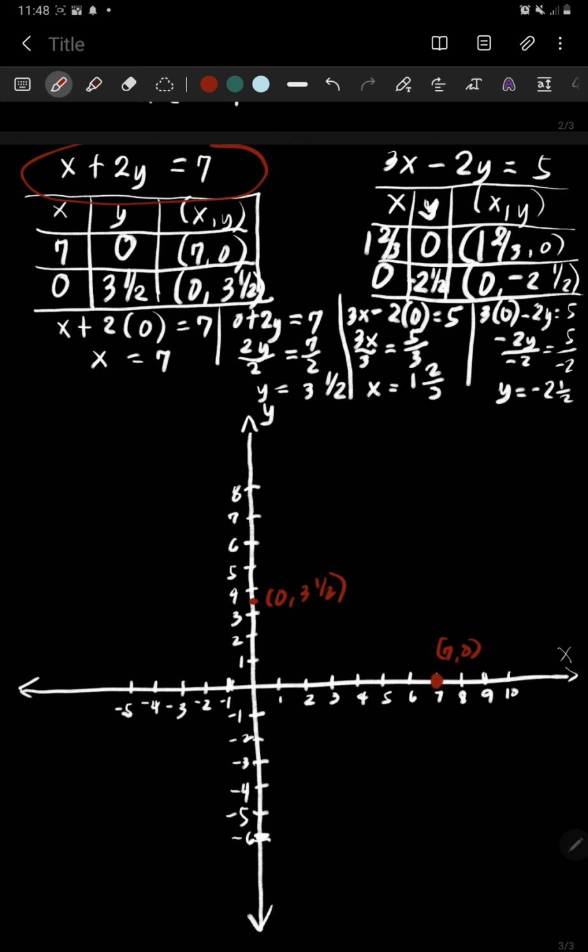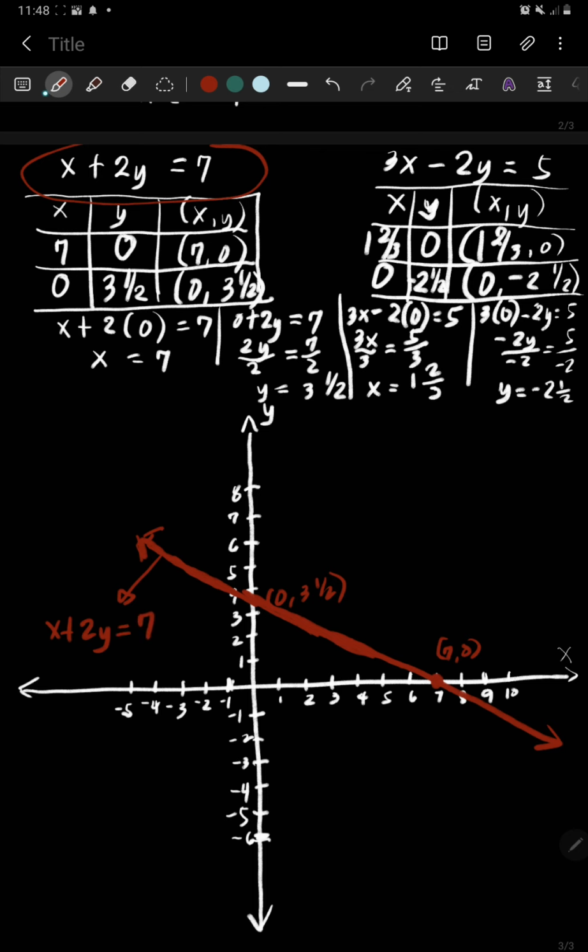And then you connect the 2 points. You could use a ruler at your home to avoid imperfections. So you can see I find it hard. So this is the graph of, you label it, x plus 2y equals 7.